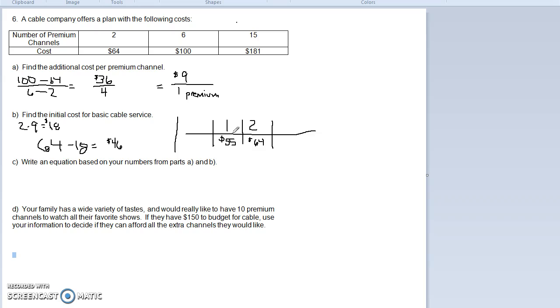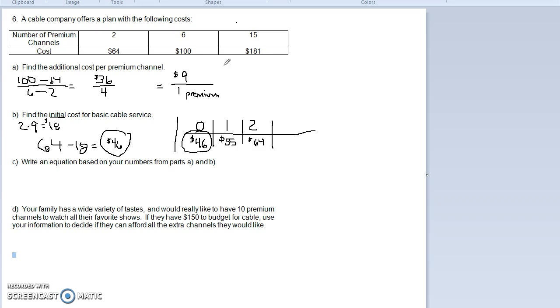And so 1 premium channel should only cost me $55. And here's what I want. I want to know what no premium channels cost. And so if I take the 55 and I subtract off $9 more, I'll be at $46. And so either way you work this, you have $46 as your initial cost for the basic cable service.